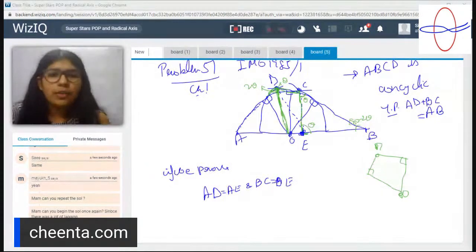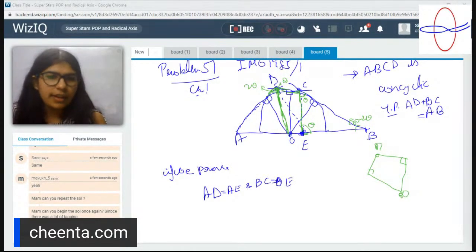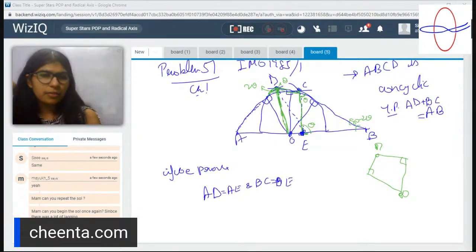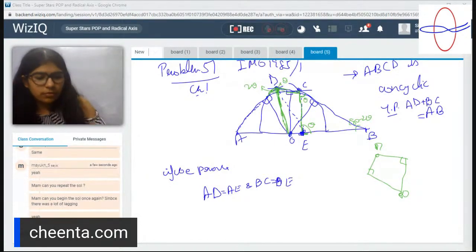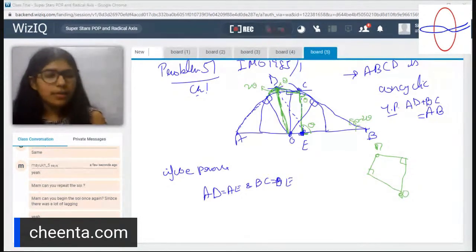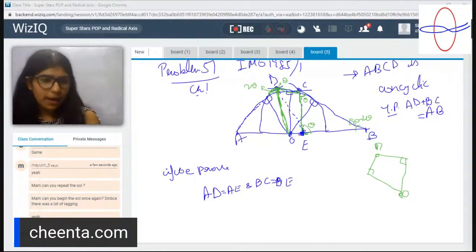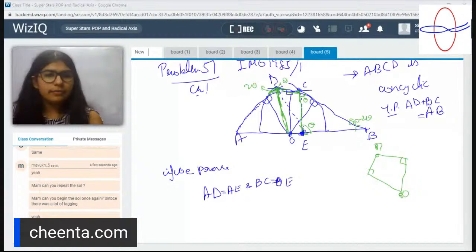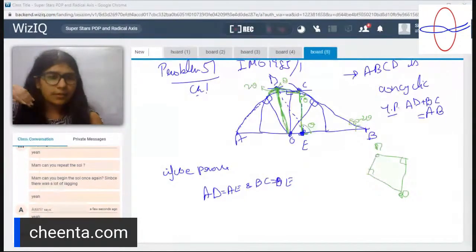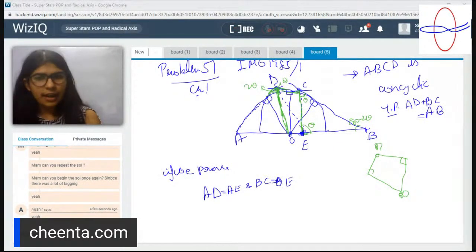Sure, Mayuk. So I take a point E such that, instead of proving the problem, I assume that the problem is true and then go backwards. Such a point E exists so that AE equals ED and BC equals EC.